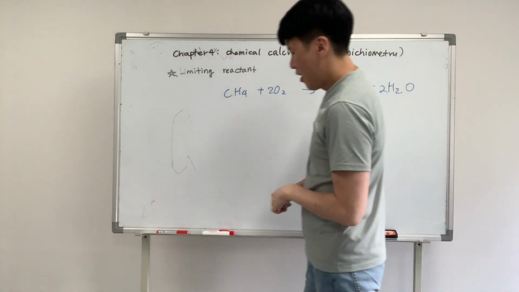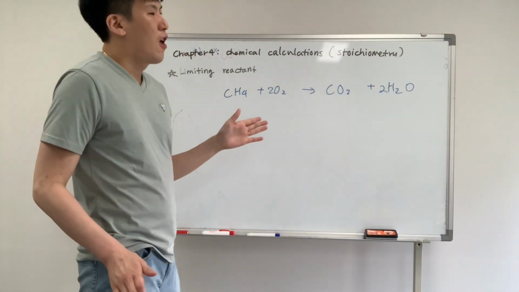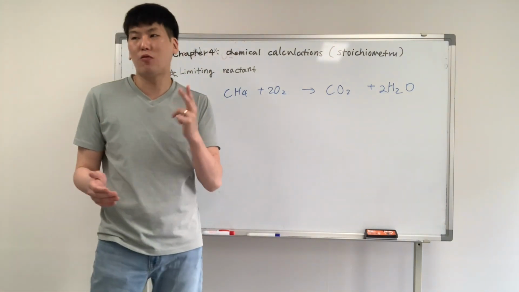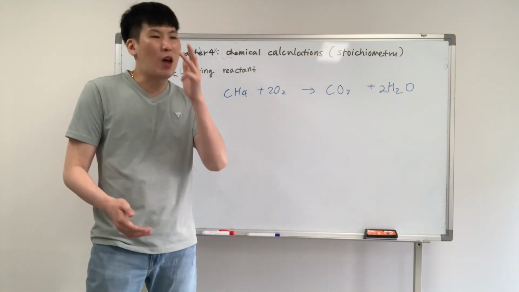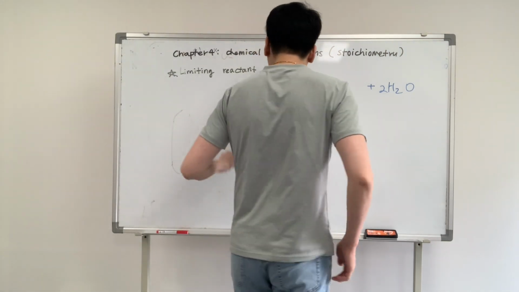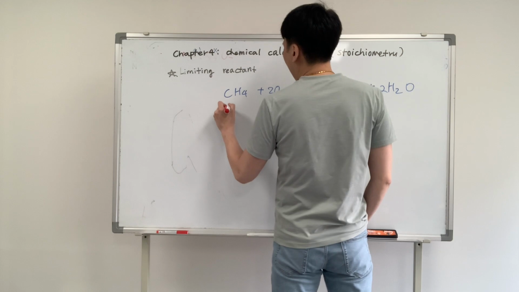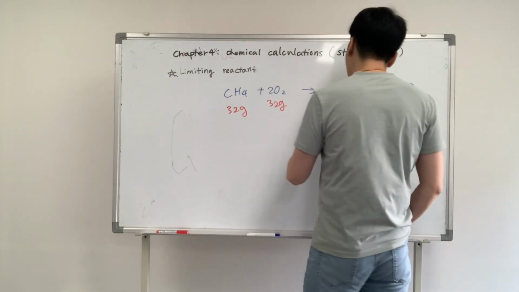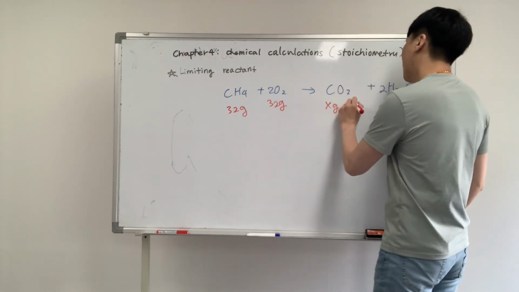Here. Before we only had 2 numbers, A and B. Now we will have 3 numbers. When you go into AP Chem, maybe 4 numbers. But say you have 32 grams here, 32 grams here, and we need X grams of CO2.